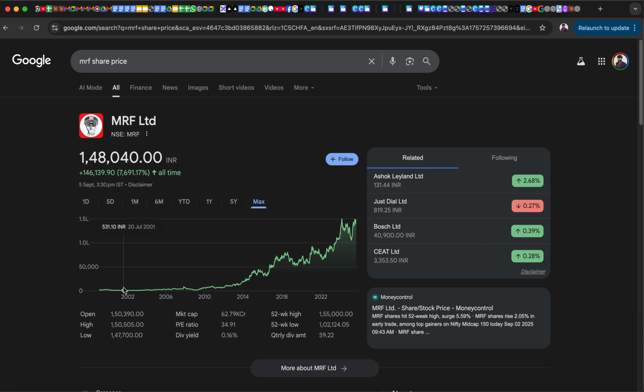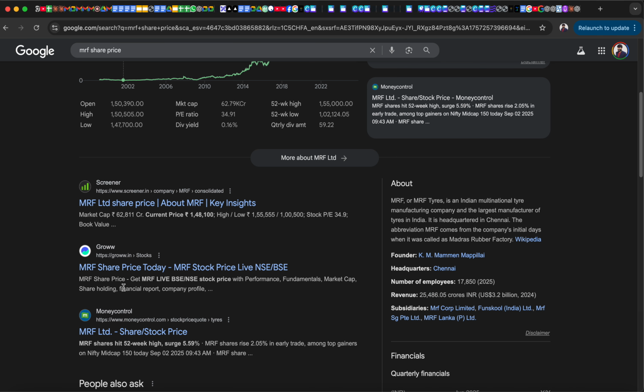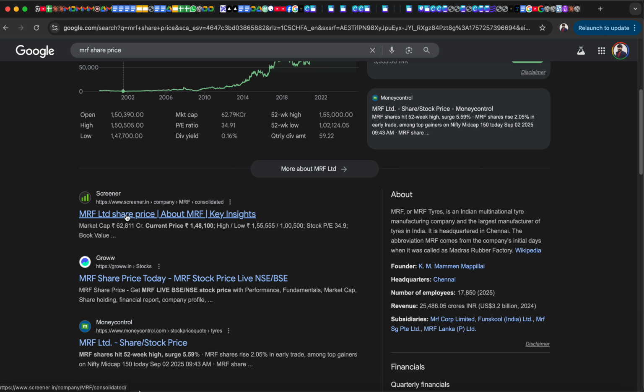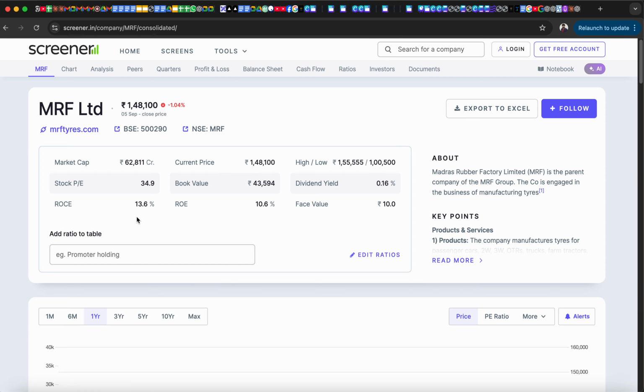But this is the value that the stock has generated. Apart from value, the stock has offered dividends continuously. If you go and see, let me go to the corporate action section.